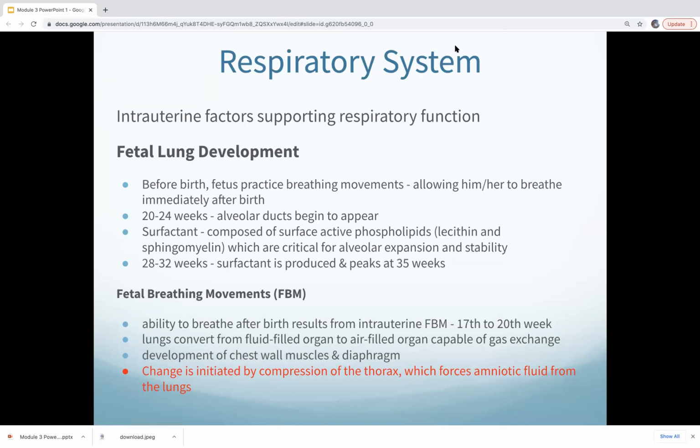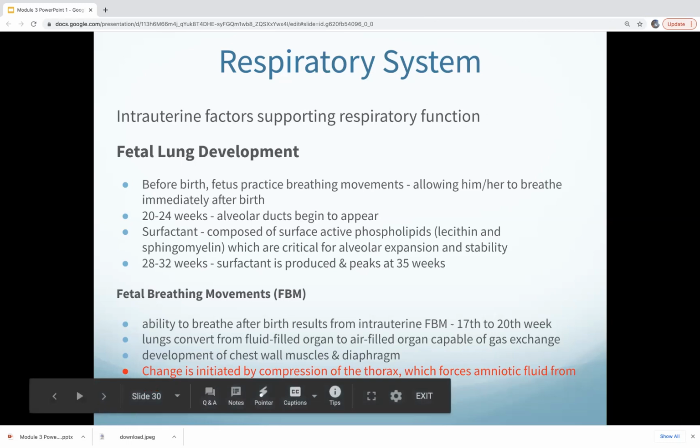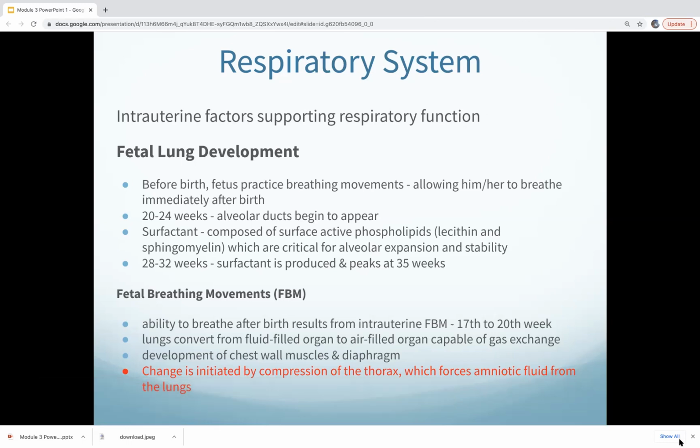As the baby is going through the birth canal, those contractions, those squeezing movements of the contractions on the baby are starting to push out the fluid, and the baby's going to be transitioning from intrauterine breathing, or not breathing, so to speak, to extrauterine life. So the lungs are going to go from fluid filled to air filled as the baby's going through the birth canal. And at the bottom here, the changes are initiated by the compression of the thorax, which forces the amniotic fluid from the lungs.